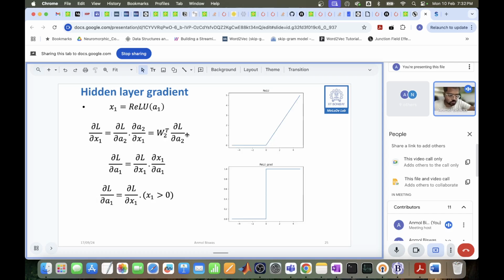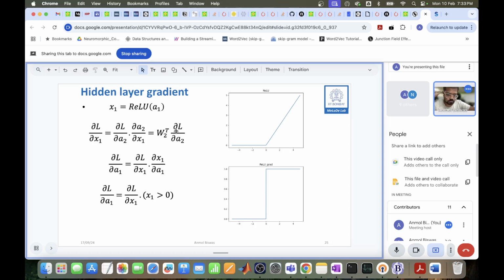So one thing to note here is that I have dropped the index. I'm no longer considering a2 of i or a2 of j, and the way you understand this is that I am considering the gradient of the entire vector at once.